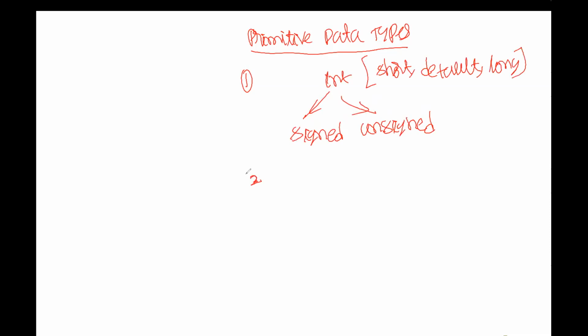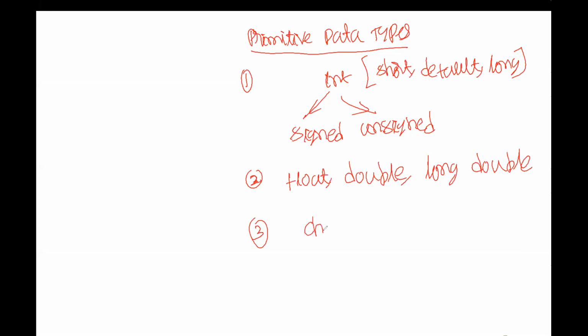And then we have floating point data types: float, double, long double. Number 3, we have char. Number 4 is the underscore Bool.